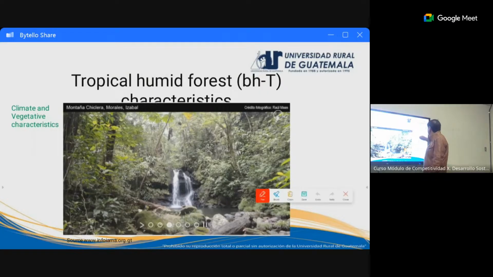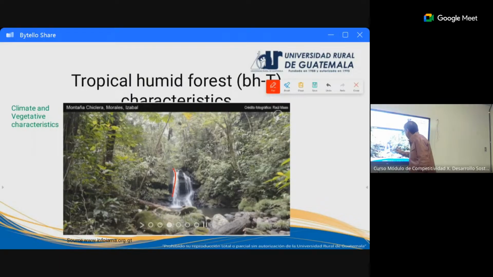There's much water here. We also have the shrubs here. These are shrubs.